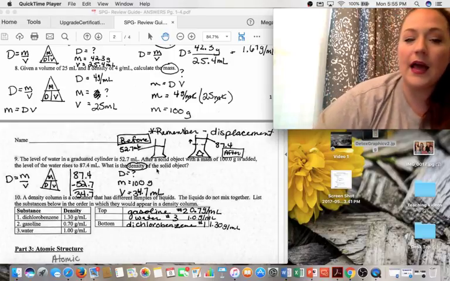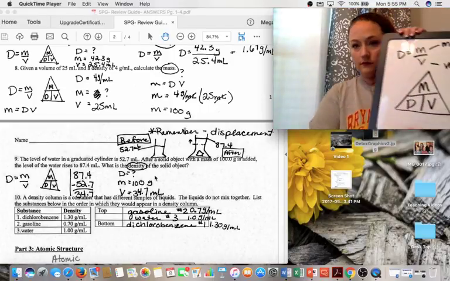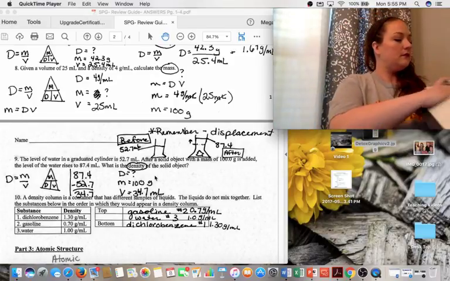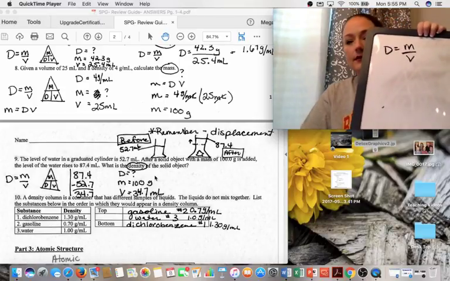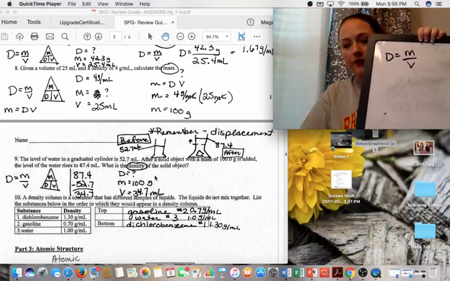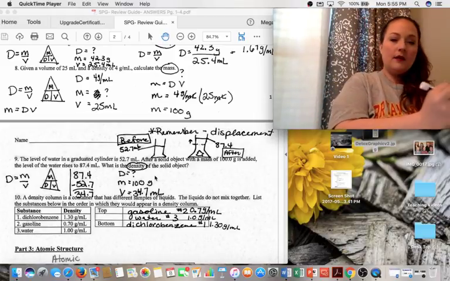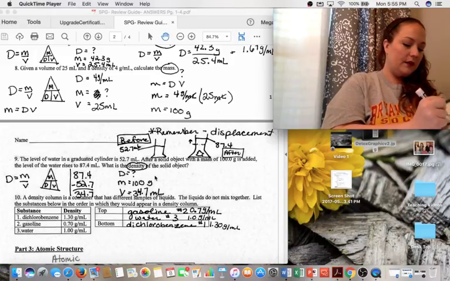So what happens is this: D equals M over V, my mass is 100, my volume was 34.7 milliliters.